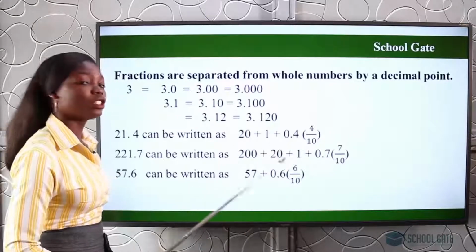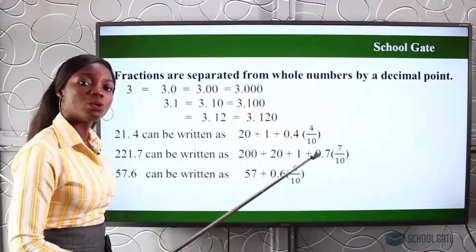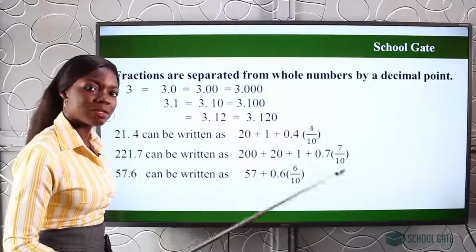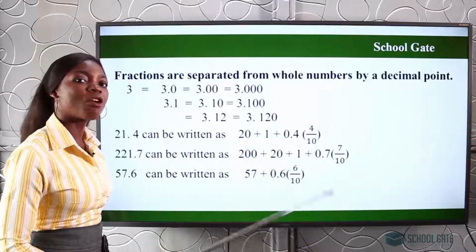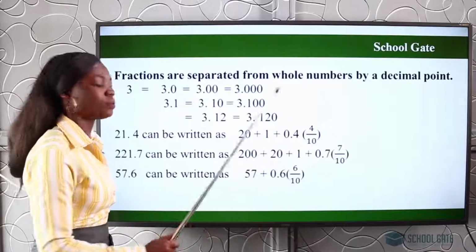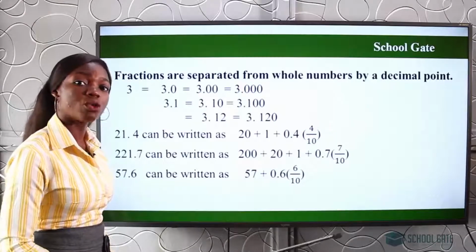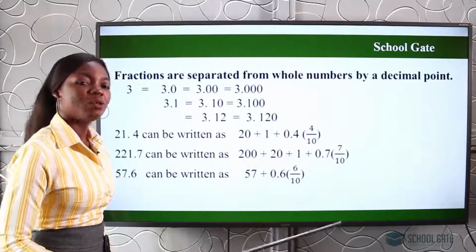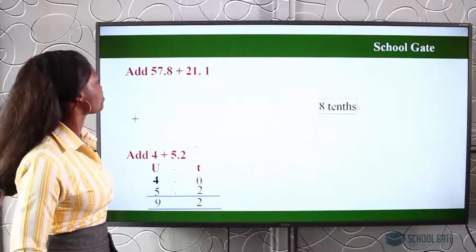When you have 221.7, 221 is the whole number, while the 0.7 stands as the fraction. Are we getting it, kids? 0.7 is further written as 7 over 10. The same with 57.6: 57 is the whole number, while 0.6 stands as the fraction.